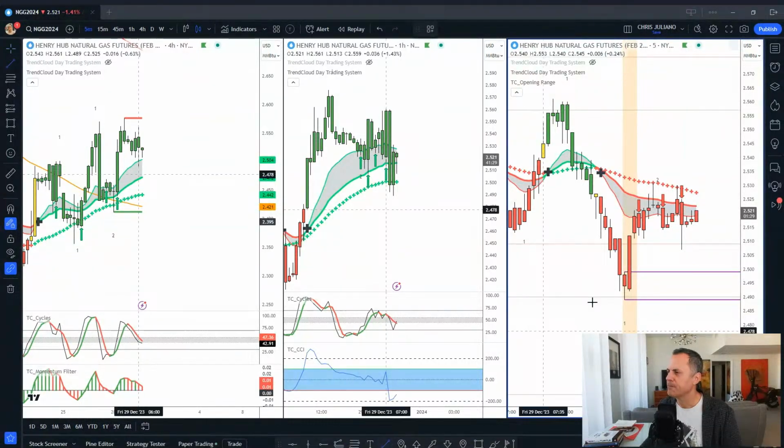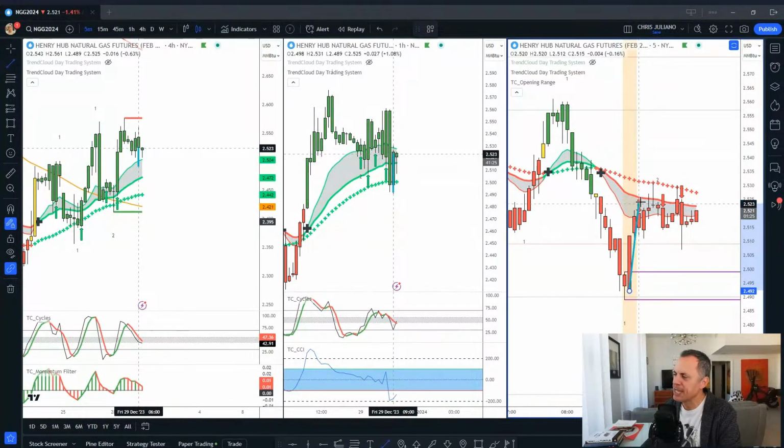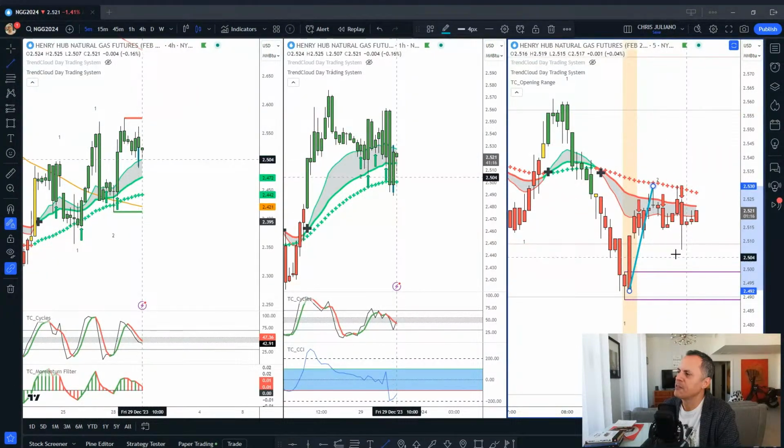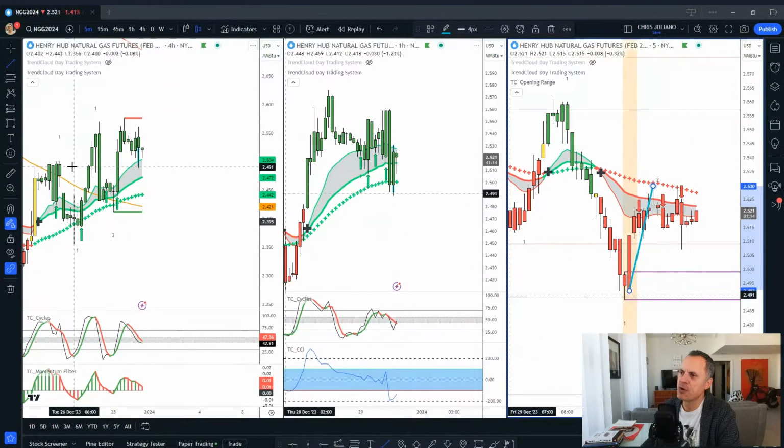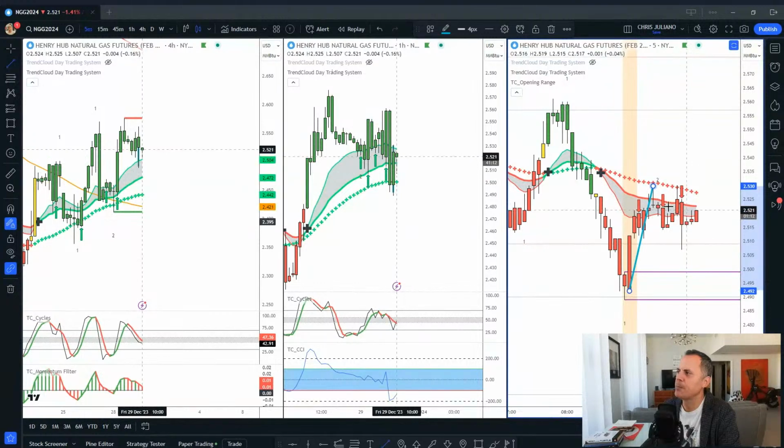It pulls back. Now here's the breakout, pulls back into this area. Or in this case, you may want to go long, right? You're looking at trend and you're saying, oh yeah, the trend is up and it broke out to the upside. So I'm going to take the retest of this.